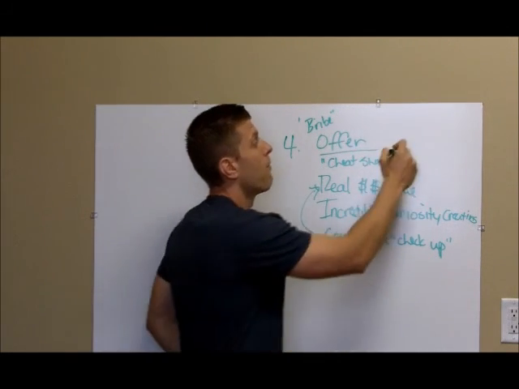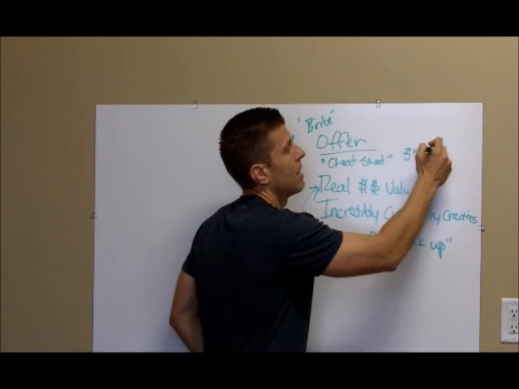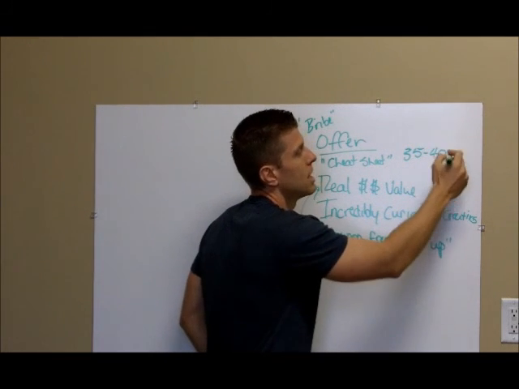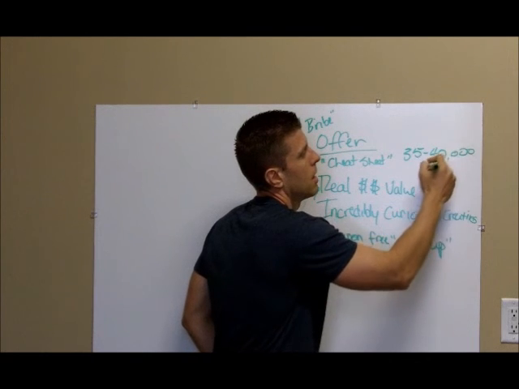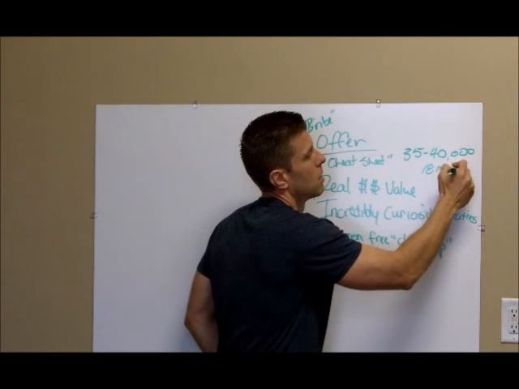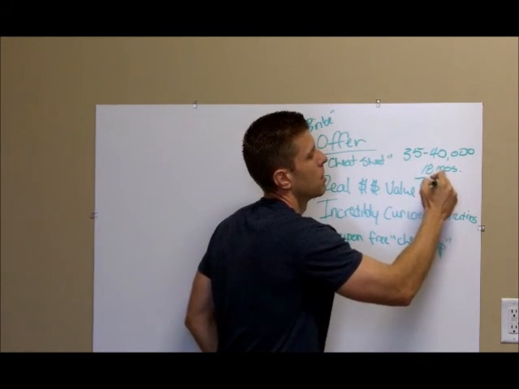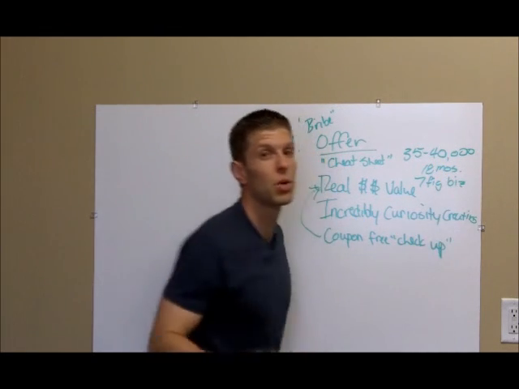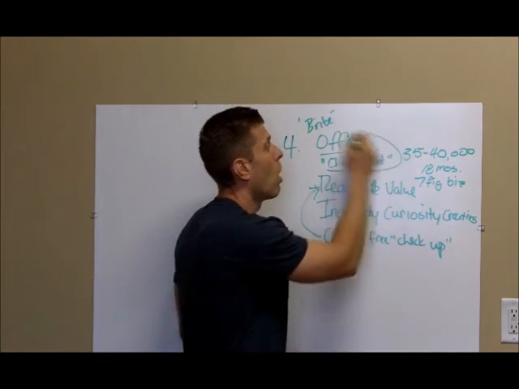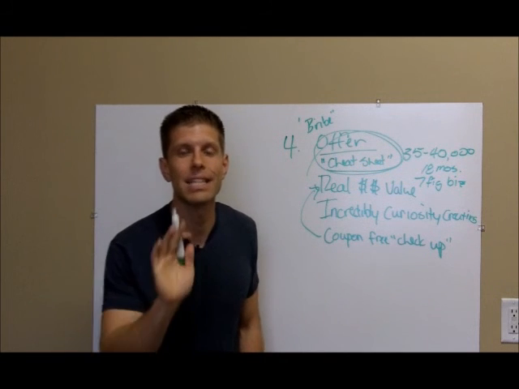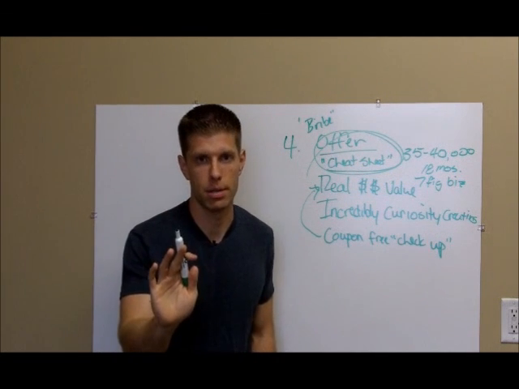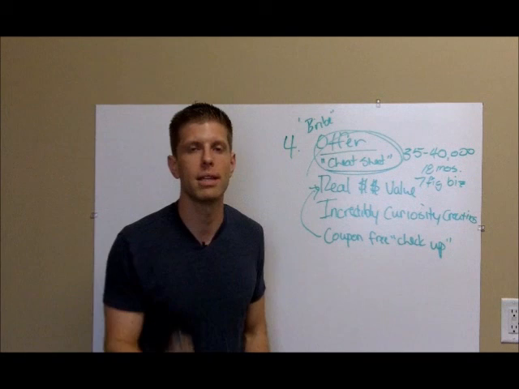Literally, 35 to 40,000 leads in 18 months and a 7-figure a year business. Just from that one thing. That's how important this part is. Okay? I can't overstate that enough.